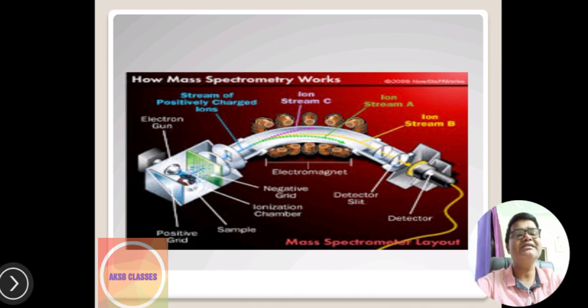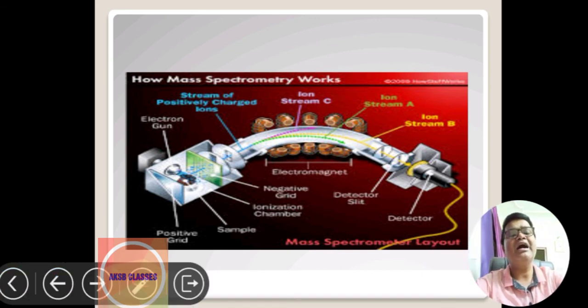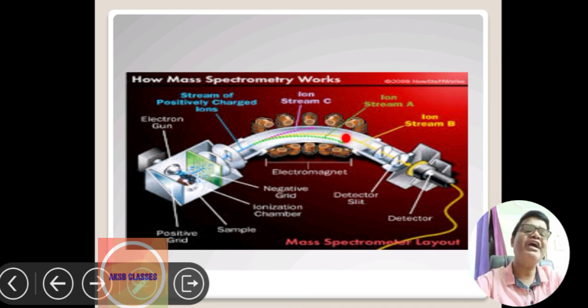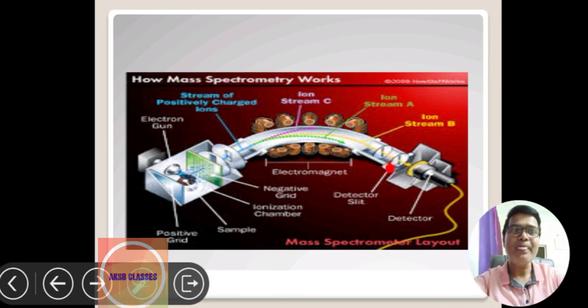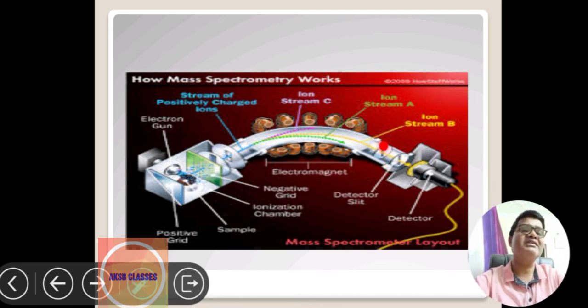I have already discussed the ionization unit, and then after ionization it will enter inside this vacuum tube and attain momentum due to different molecular weight and different energy. It will move differentially in the presence of a strong electromagnetic field, due to a strong electromagnet, and then the detection unit will detect the mass spectra.